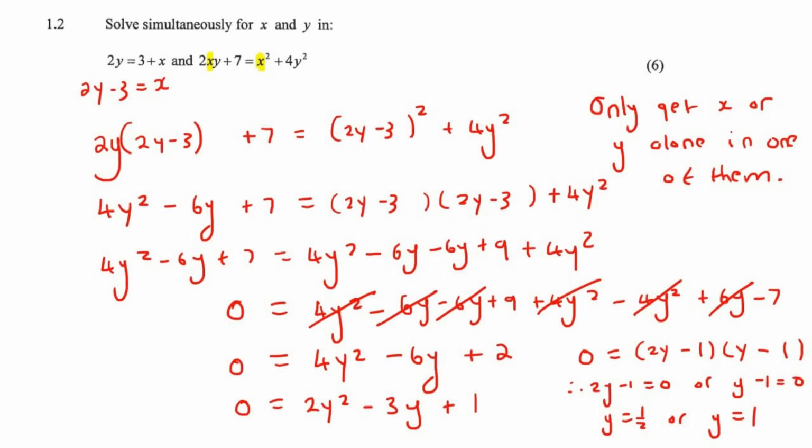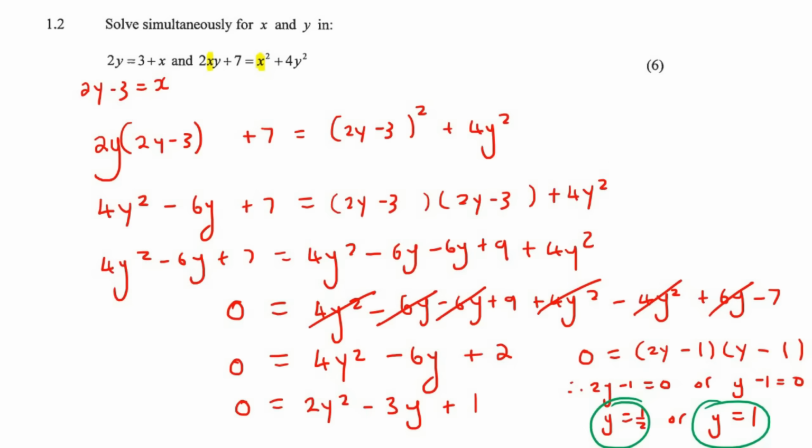We're not done. Now we need to go get the values of x. So to get x, you can plug these answers in anywhere really, but I like to just plug it back into this one over here. So if y is equal to a half, then x is equal to 2 times a half minus 3. You see, I'm just plugging it back into here so I can get x now.